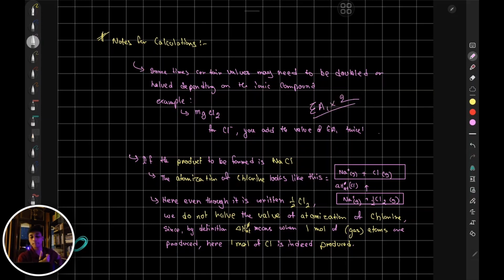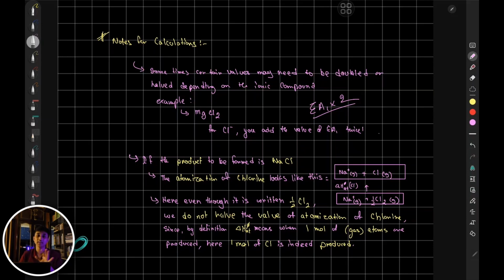enthalpy change. You don't include Ea2 in this case because you're not forming Cl2 minus, and if you would be forming Cl 2-, that would give you Ea2, or the second electron affinity, sorry. So in this case, where you're forming two chloride ions, you only multiply the first electron affinity with 2.